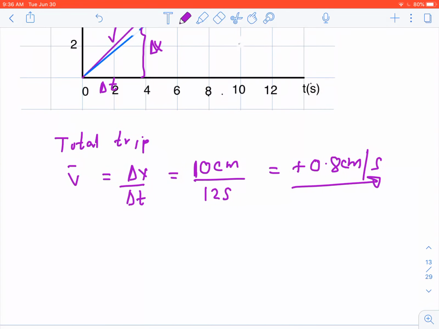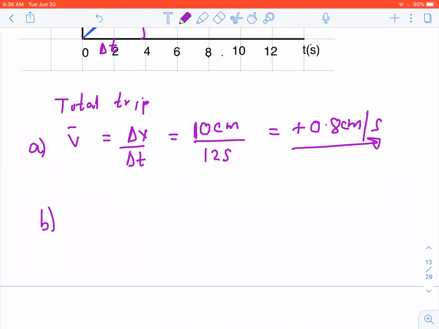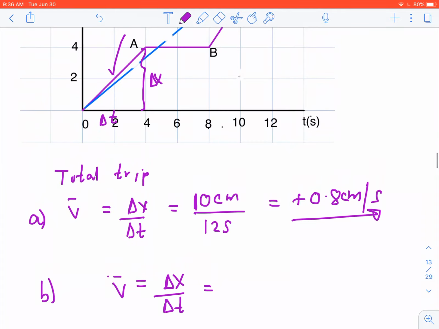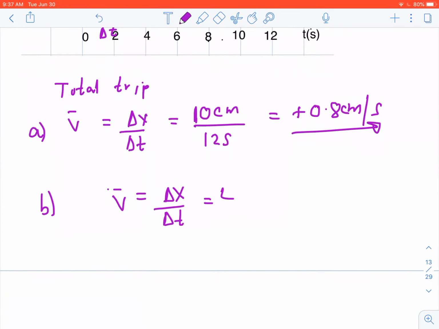So this is A and this is B. For that 4 seconds, v is equal to change in x upon change in time, which is 4 centimeters upon 4 seconds, so it's plus 1 centimeter per second.